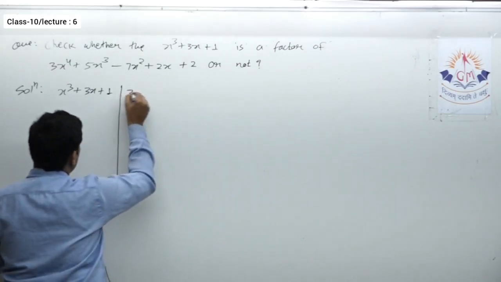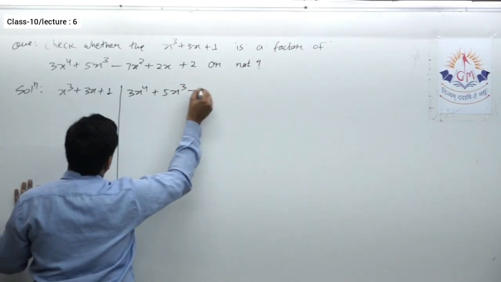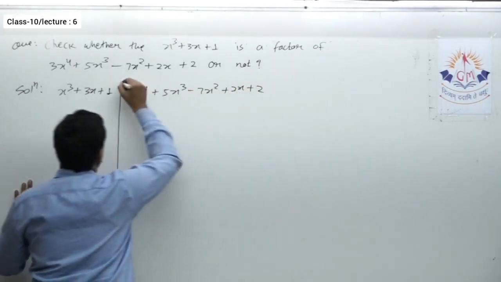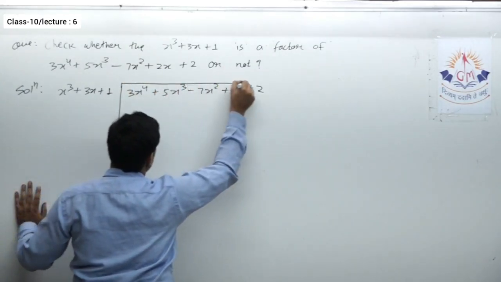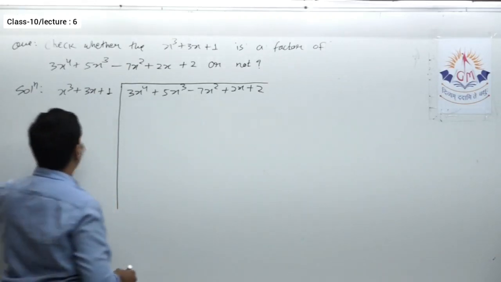And this is 3x raised to 4 plus 5x cube minus 7x square plus 2x plus 2. It is already in the standard form. So let us divide.